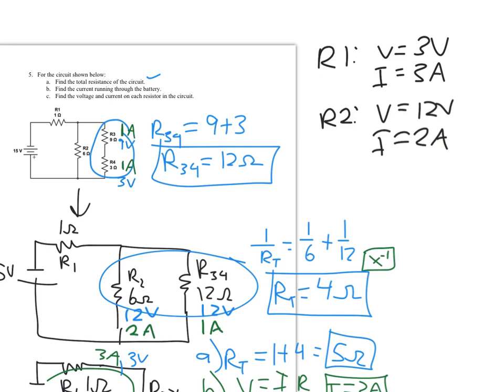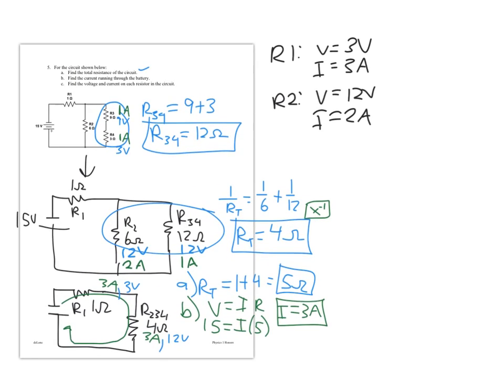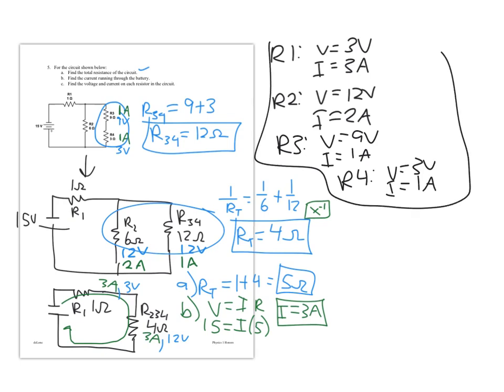And so I can fill in the rest of my chart here. And I'll zoom out so you can see the whole solution. R3 is going to be a voltage of 9 volts and a current of 1 amp. And R4 is going to be a voltage of 3 volts and a current of 1 amp. And there we have that full circuit analysis.